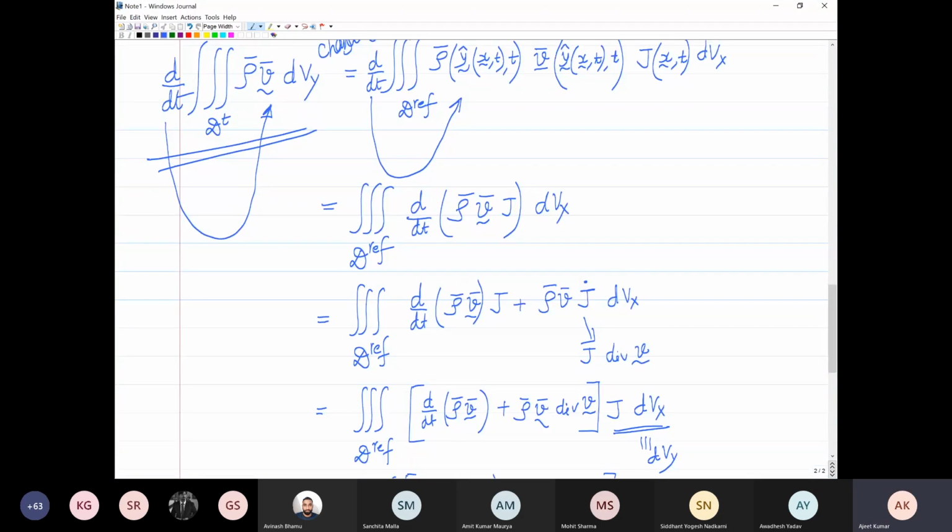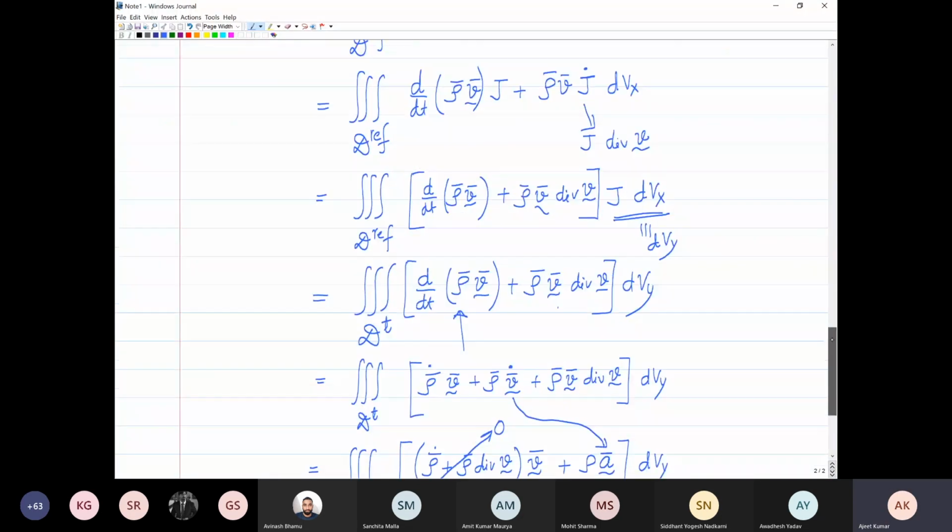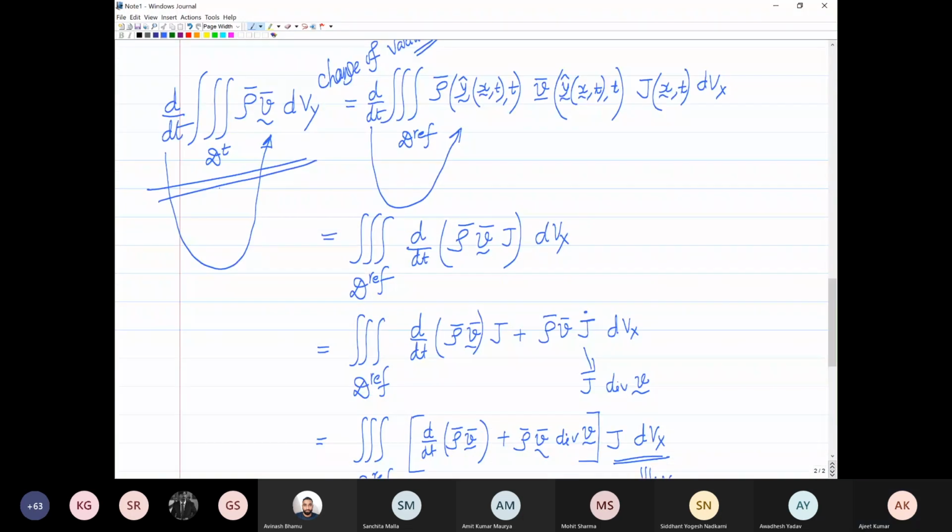There is, of course, another way to derive the same thing. Let me try to do that. I'm going to show that here in a different color, let us say in black. The first step is the same as earlier: you convert this into the referential domain, the integral over the referential domain of rho bar v bar j dVx, and then you also write it as d/dt.